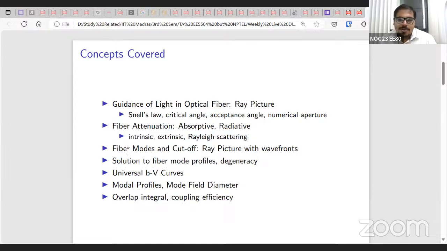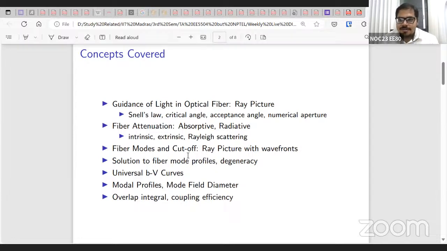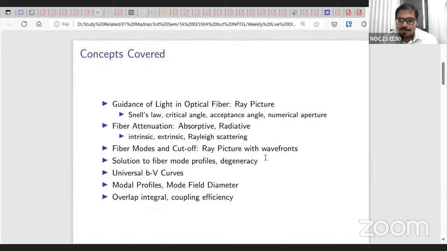Then we briefly introduced the concept of modes using the ray picture. Although ultimately we will be solving Maxwell's equations, and that is where we will define the guided modes and those concepts, the ray picture is enough to show you that not all angles of incidence are supported.